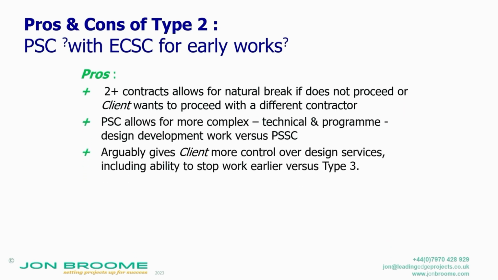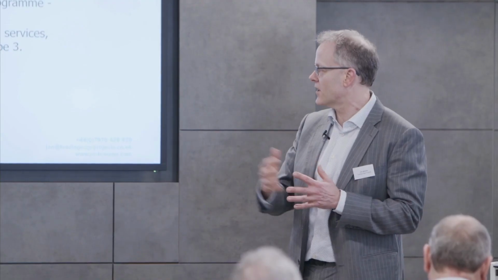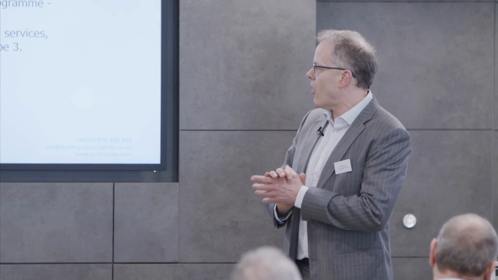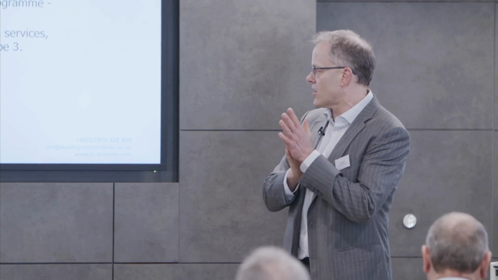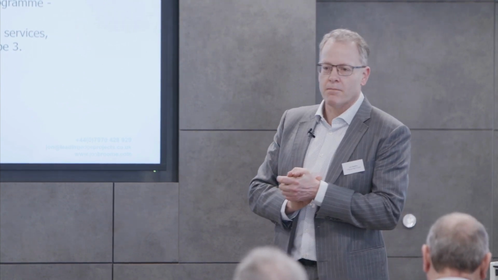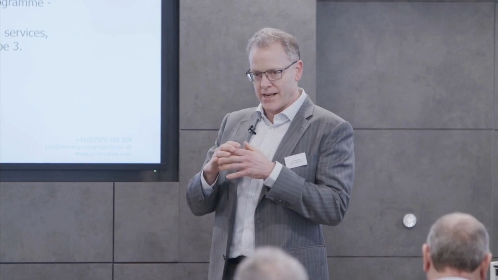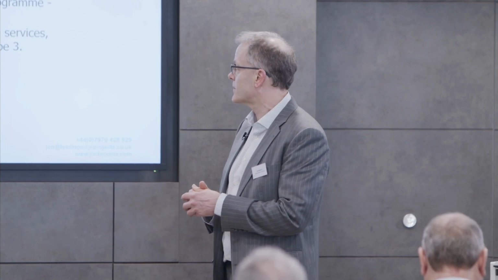More complex design, both technical and in programme, as in this decision leads to that. Those specialists can only start to do that work when that decision's made, or that design's done. And it arguably gives the client more control over design services than when you've gone out to a contractor and it's stage 1, because as a client you're dealing more directly with the design organisation through the contract.